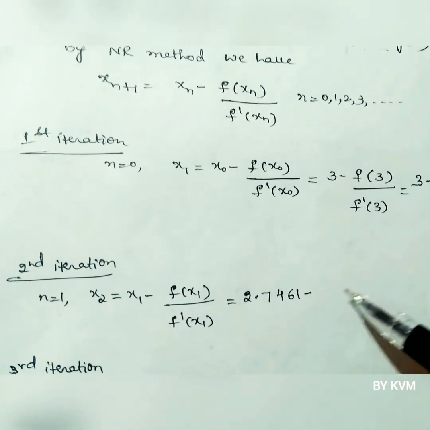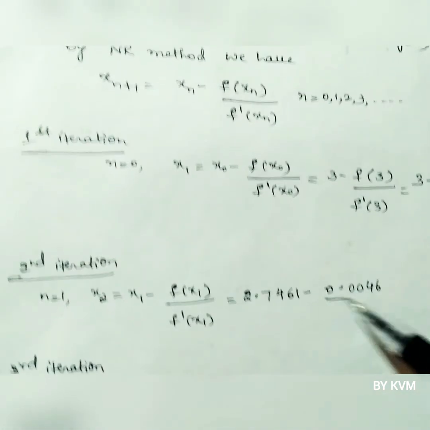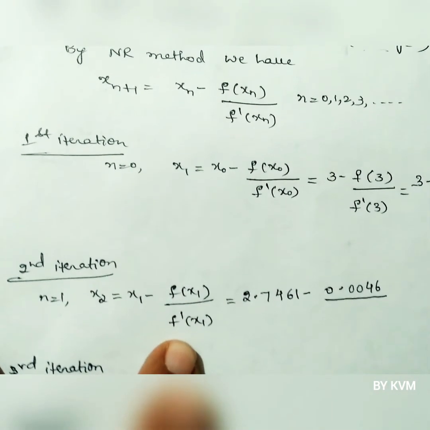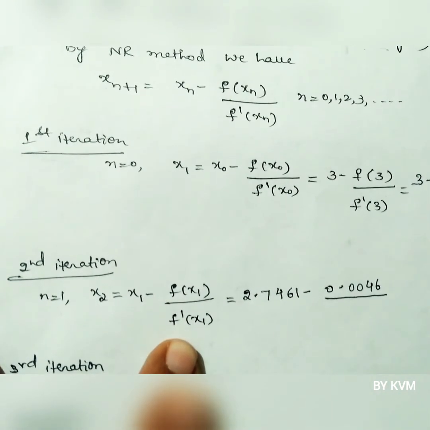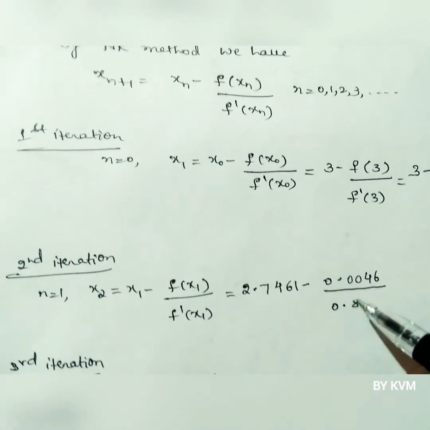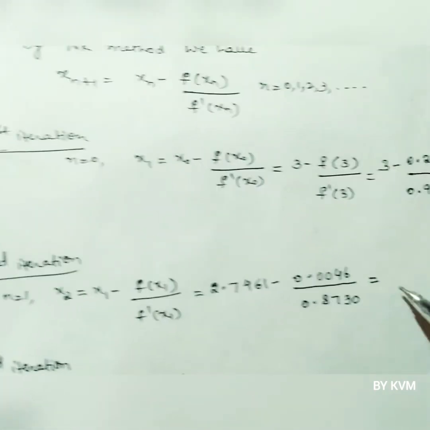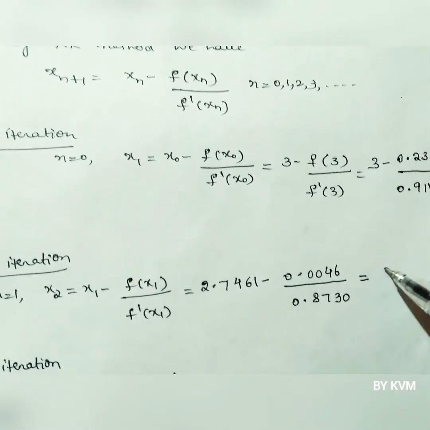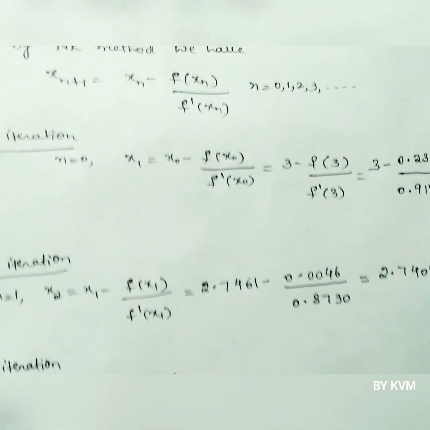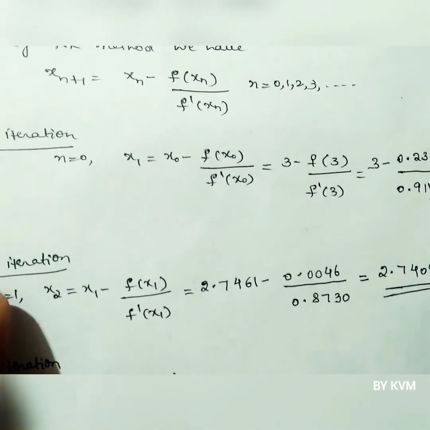By using the calculation we get 0.0046 by f dash of 2.7461. We get 0.8730. So this is equal to 2.7408. So this is the value of the root in the second iteration.